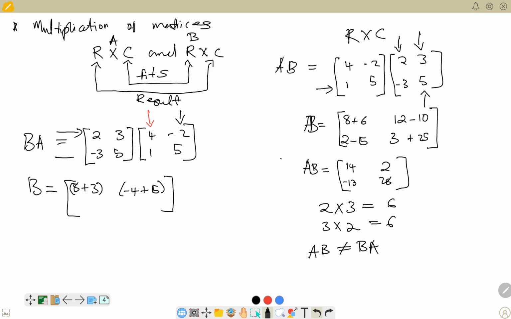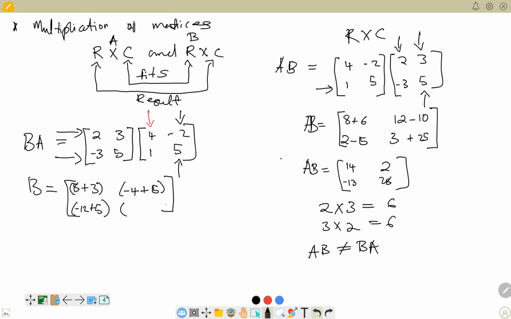Now we need to come to this row here. Then we have negative 3 times 4, it's minus 12. Not negative 3, but 5 times 1, it's going to be 5. Then we jump.